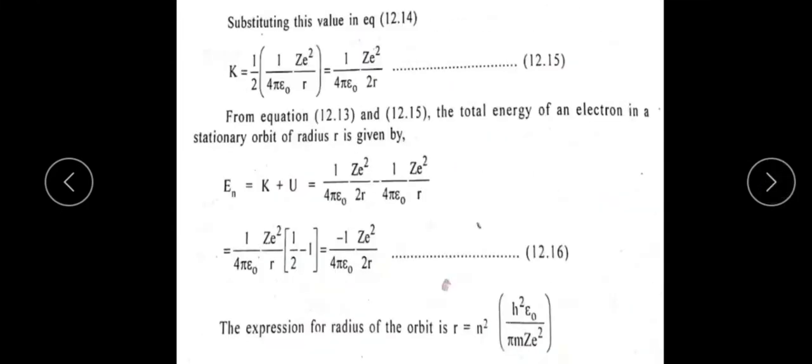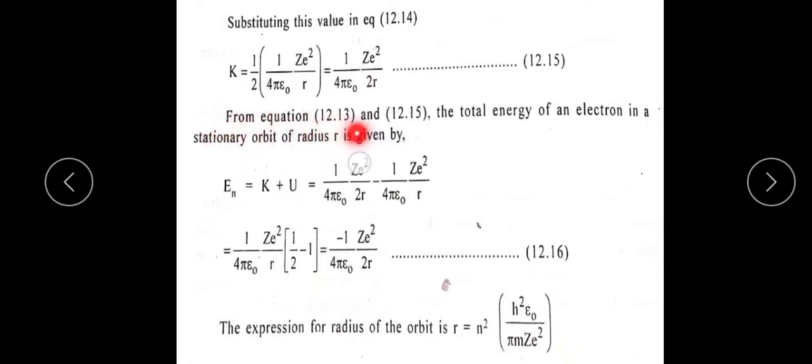On substituting, the kinetic energy K is equal to half as it is, times 1 divided by 4 pi epsilon naught, Ze square divided by r, but this 2 is taken to the denominator. That's it. This is equation number 12.15.